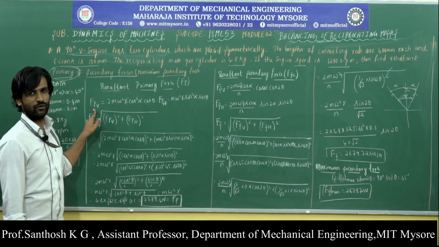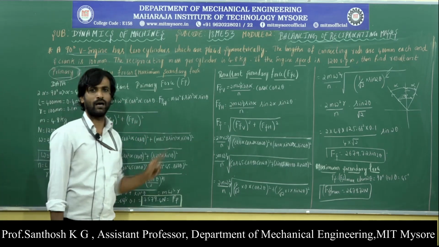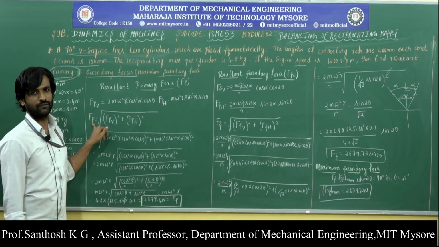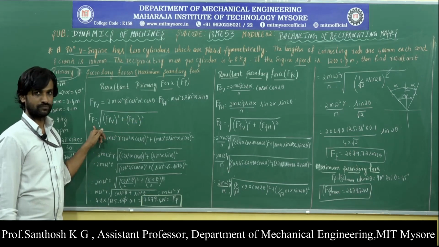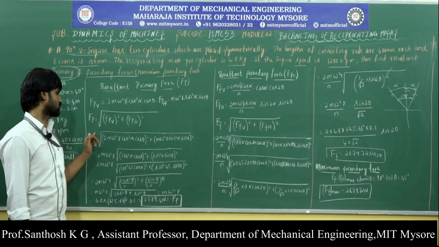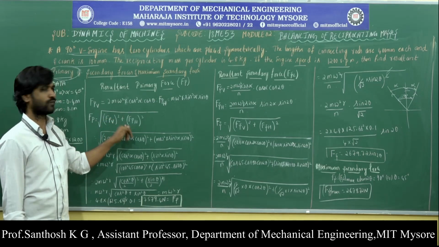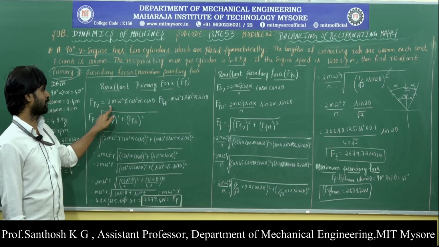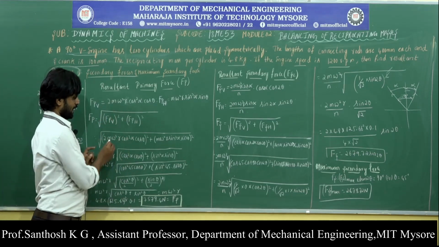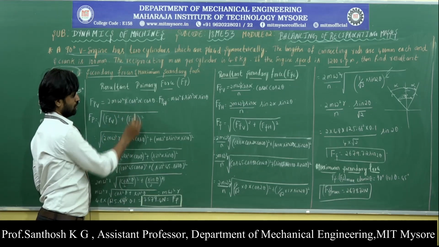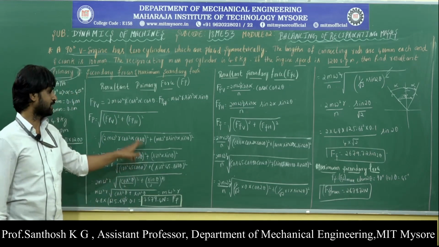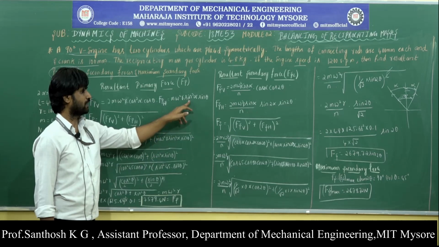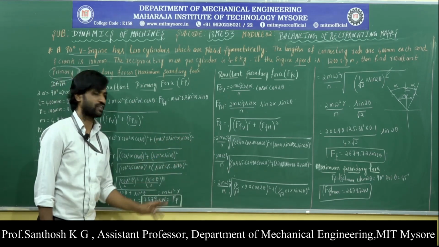If you know the vertical component and the horizontal component of the primary forces, then we can calculate the resultant primary force using the formula Fp equals square root of Fpv square plus Fph square. In place of Fpv, I substitute 2m omega square r cos square alpha cos theta, and in place of Fph, I substitute m omega square r sin square alpha sin theta.